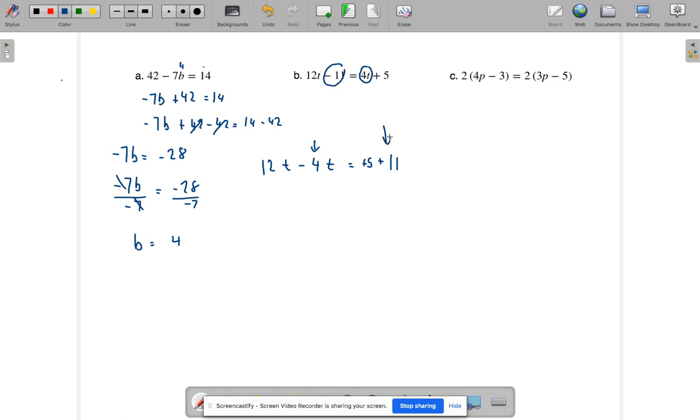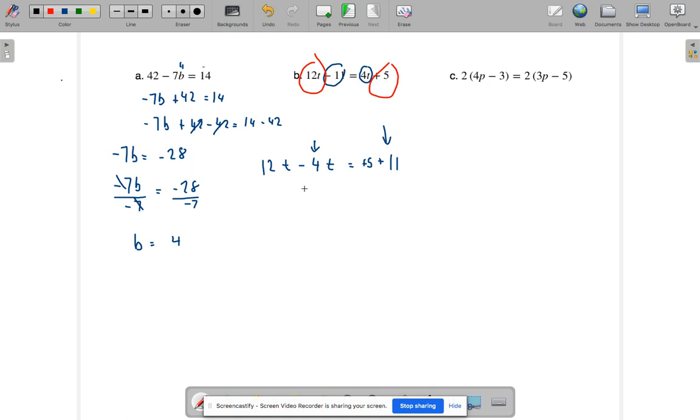So anything that's swapped from left to right or right to left has changed sign from negative to positive or vice versa. The other two things, the 12t and the positive 5, didn't change. Still got 12t there, still got positive 5 here. And that's important.